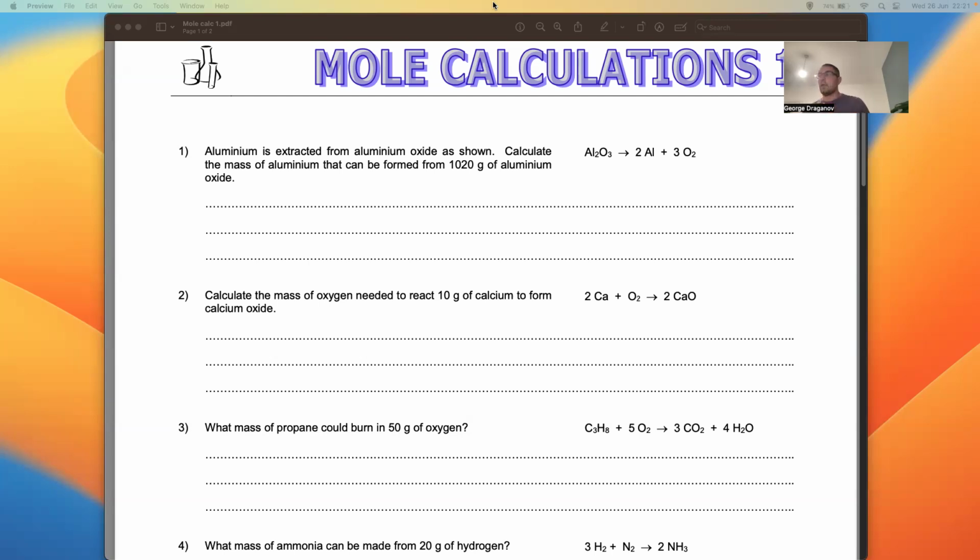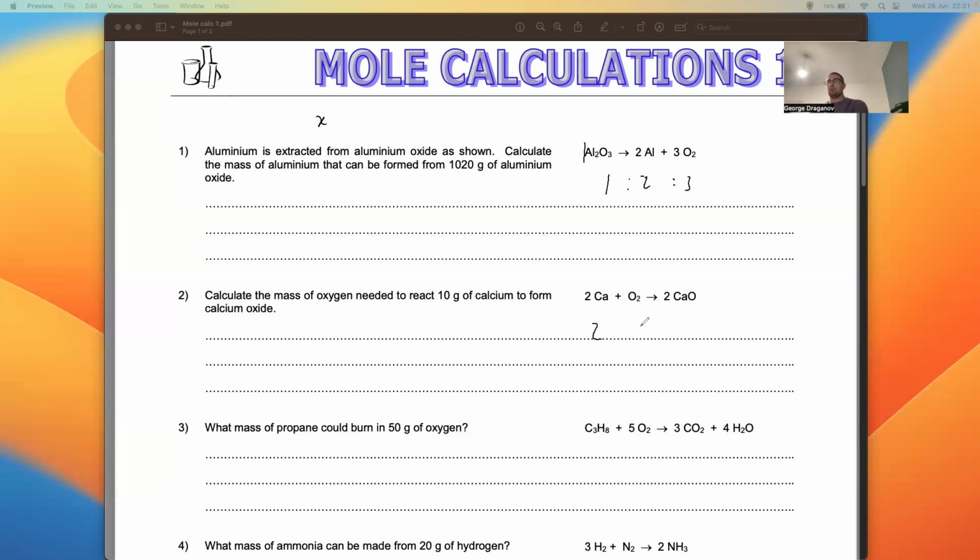you understand. So this has an imaginary 1 in front of it, technically. Okay, just like in maths, if you write x, it means 1x. So we have 1 of these, 2 of these, and 3 of these. It means the ratio is 1 to 2 to 3. Okay, so there's 2 aluminiums for every 1 aluminium oxide, just like there's 3 oxygens for every 1 aluminium oxide.